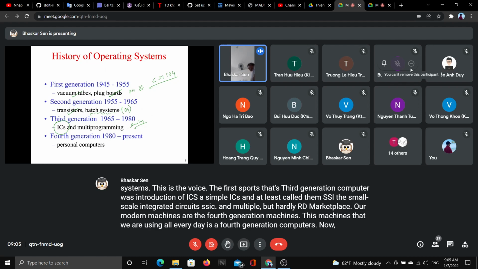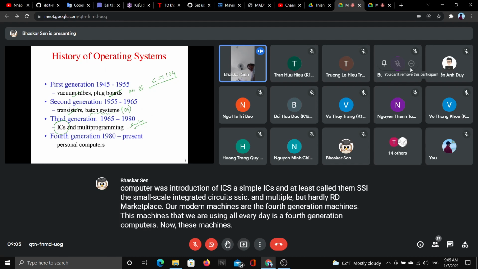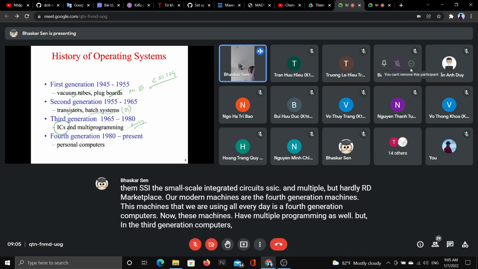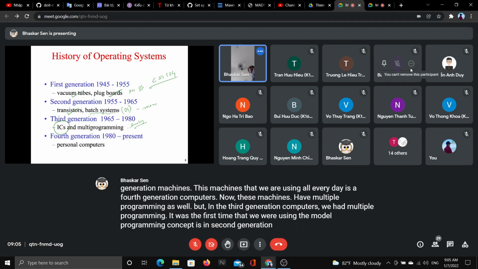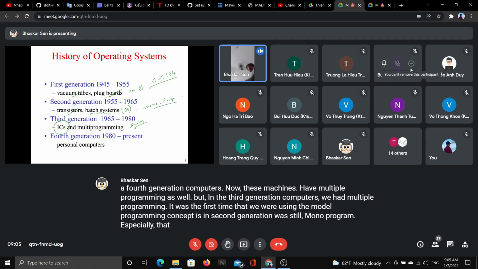Now, these machines have multi-programming as well. But in the third generation computers, we had multi-programming. It was the first time that we were using the multi-programming concept, because the second generation was still a monoprogram machine. That means only one program.